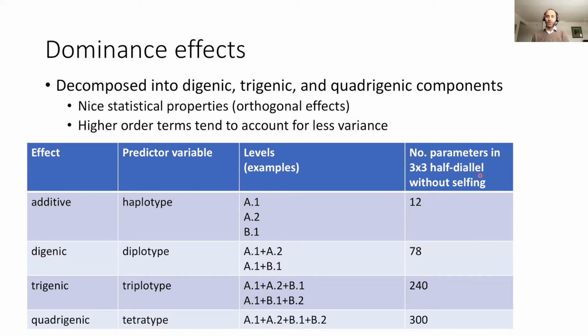Finally, just to give you an idea of the combinatorial explosion that happens, how many actual parameters or effects have to be estimated for this even somewhat simple case with only 3 parents: you have 3 parents times 4 haplotypes, so it's 12 different parameters for the additive model. You have 78 for the digenic model, 240 for the trigenic, and 300 for the quadrigenic. So you can see the complexity of the model starts to increase quite a lot as you start to add dominance to the model.